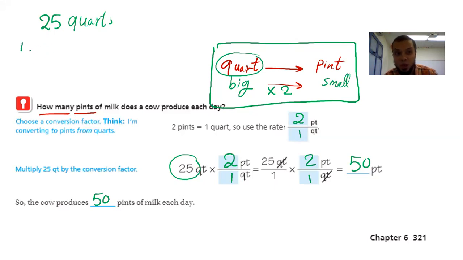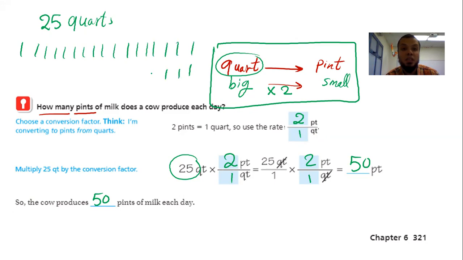Every one of these equals 2 pence, and so on, all of them. So the answer is 50 pence.